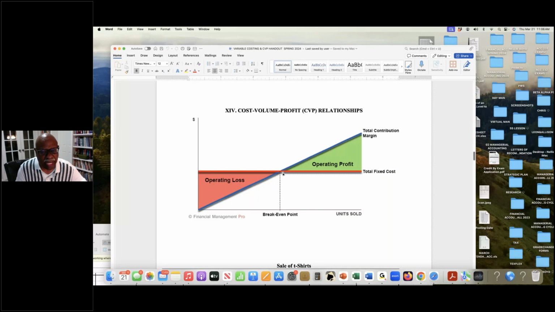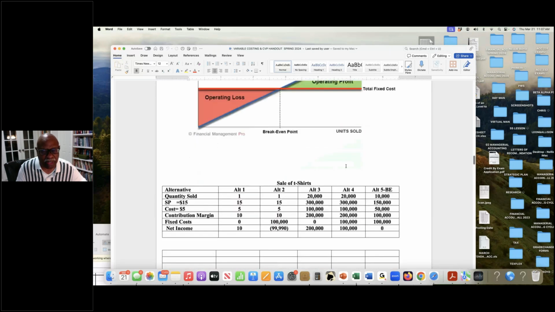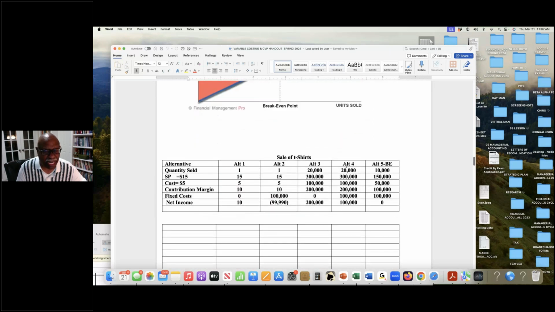That's a key thing that you're expected to know in entrepreneurship classes, capstone courses, marketing classes. What's the break-even point? That is, how many do we have to sell to break even? If we sell less, there's going to be an operating loss. If we sell more, there's going to be an operating profit. And then we begin to look at some examples.